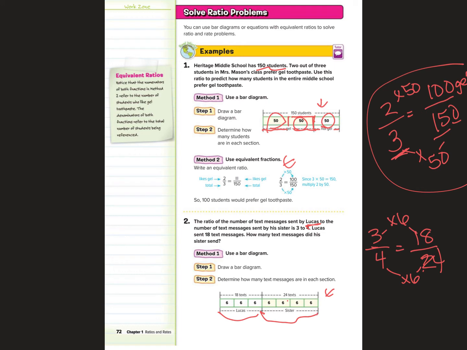So I have to think, okay, if we know that 18 texts were taken by Lucas, how many would be taken by his sister? Well, 18 divided into 3 equal parts would be 6 in each part, which means I need 4 sixes to make Lucas's sister, which again would get us 24 texts.